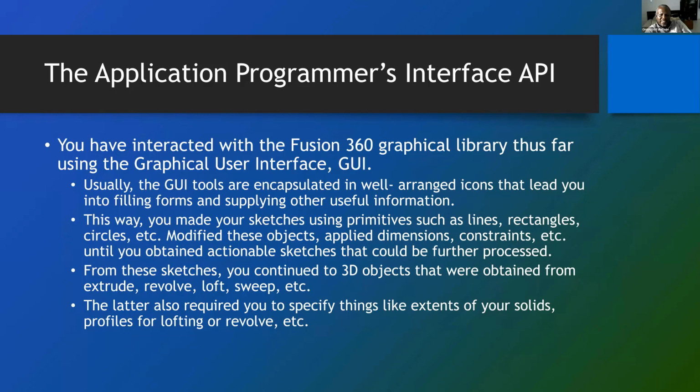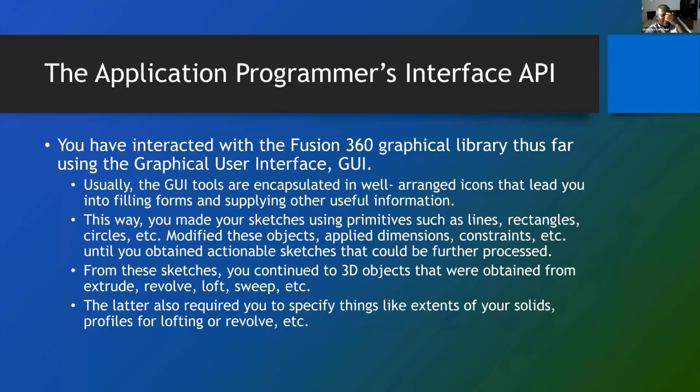In the one case, you are manually picking the facilities one by one and implementing them until you get your design. In the application programmers interface, you are writing a program, and your program will have so many steps, and your program will go to the same library and pick the things you need to give you a design.